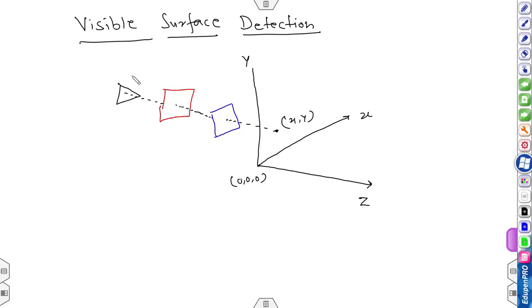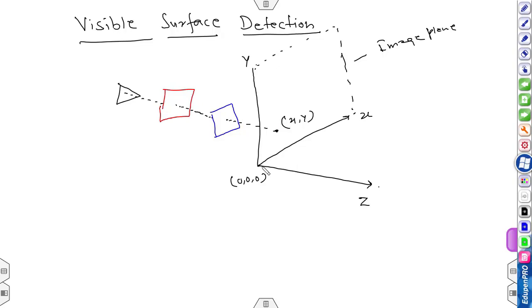We can understand this concept by this particular diagram. Suppose this is our 3D coordinate system. Here this is the x coordinate, y coordinate and z coordinate. If we think that this xy plane is our image plane, then what we have to do is find a 2D projection of all the 3D objects in the xy plane.